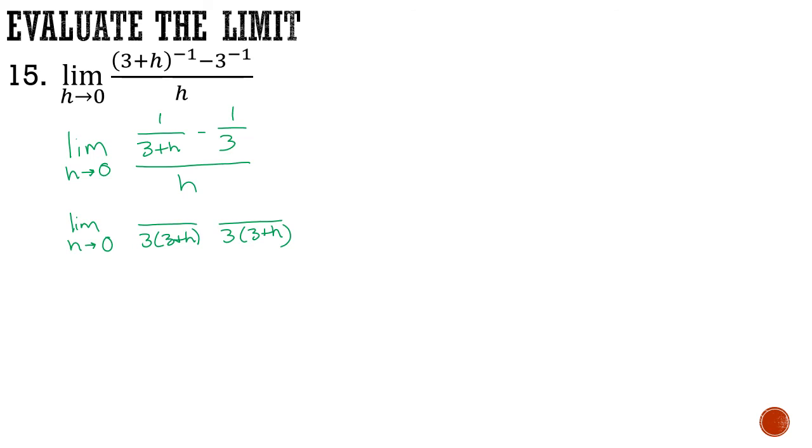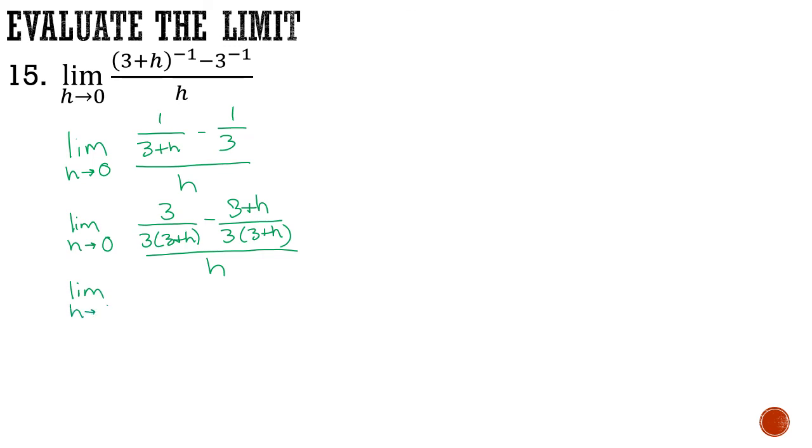So 1 times 3, that's 3, minus, and then you have 3 plus h in that second numerator. Remember, it's minus 3 and it's minus h when we go to simplify this in the next step, all over h. Still simplifying the numerator.